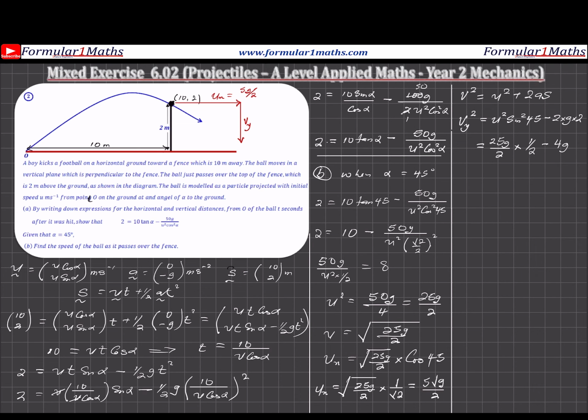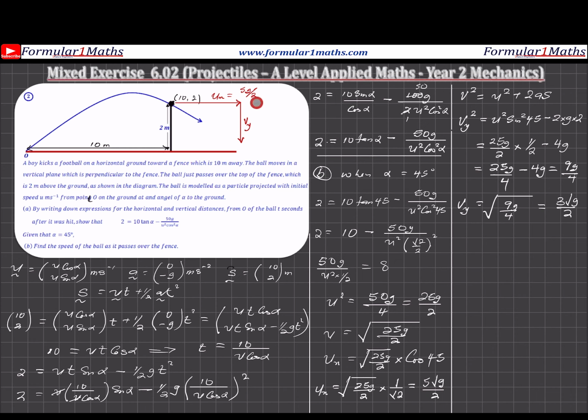This will simplify to 25g over 4 minus 4g, which is equal to 9g over 4. So it means that Vy will be equal to the square root of 9g over 4, which is the same as 3 root g over 2.